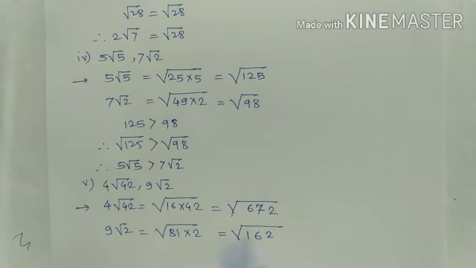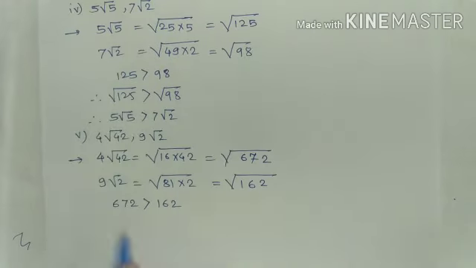See here this 672 is greater than 162, and therefore root 672 is greater than root 162, and therefore 4 root 42 is greater than 9 root 2.